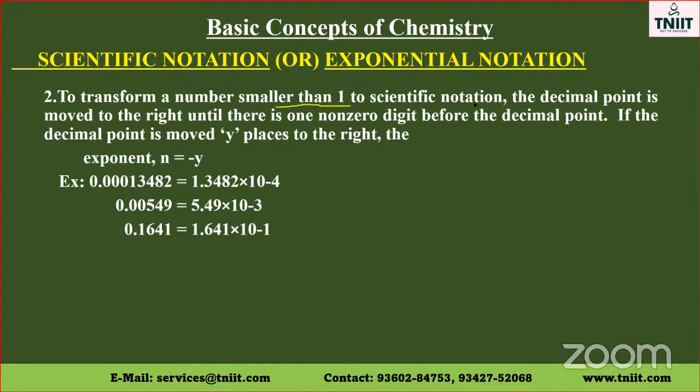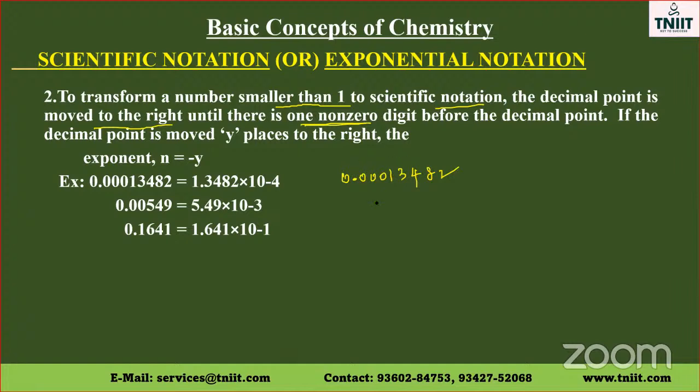Transform the number smaller than 1 to the scientific notation. The decimal point is moved to the right until there is 1 non-zero digit before the decimal. Non-zero means other than 0. Now for 0.00013482, this is a very small number. It is much lesser than 1.